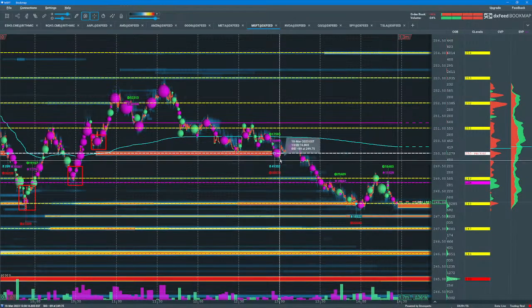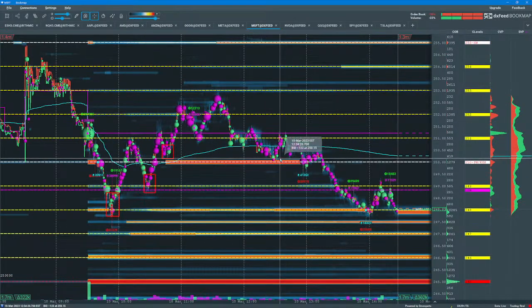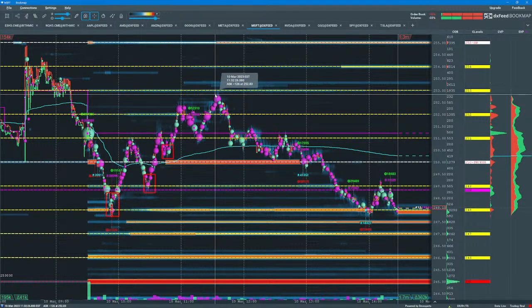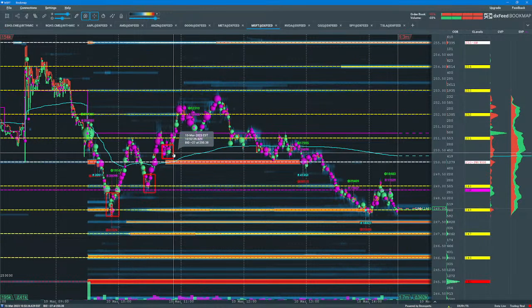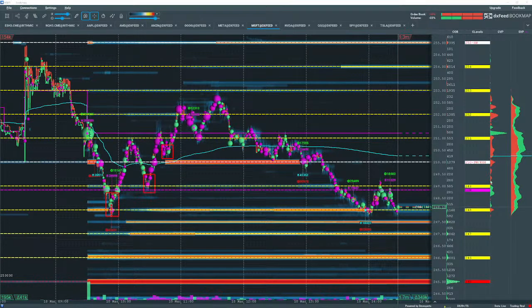Microsoft. So there is the long setup. Pullbacks, deep pullbacks, 1 or 2 points. And price moved through the 250 put wall key gamma strike, and now has reversed lower with everything else.